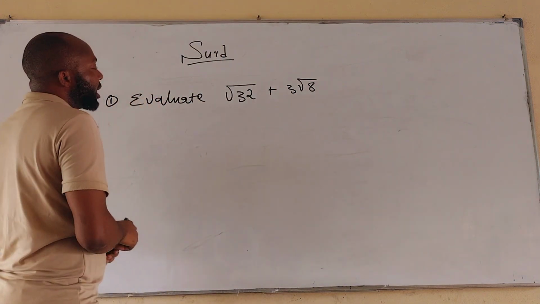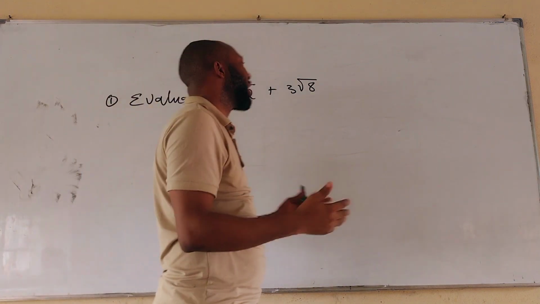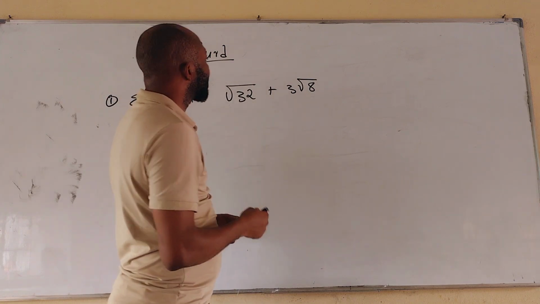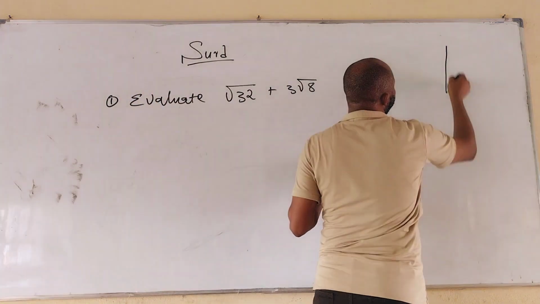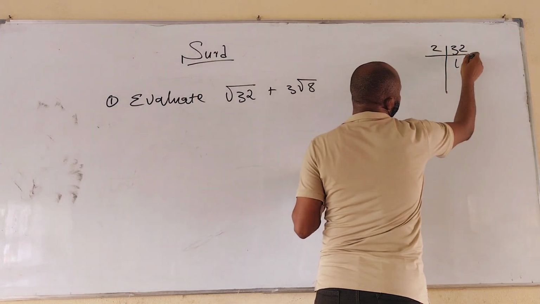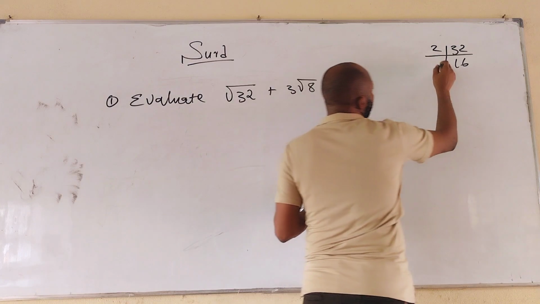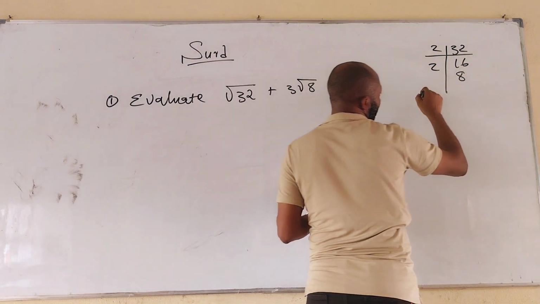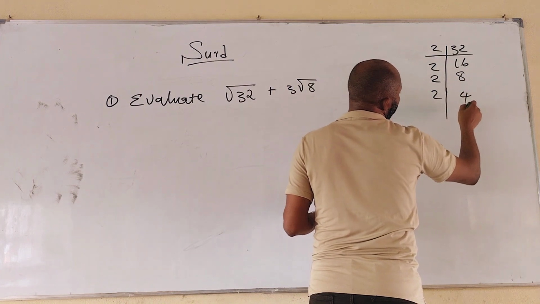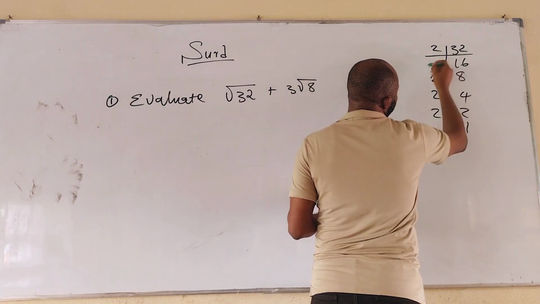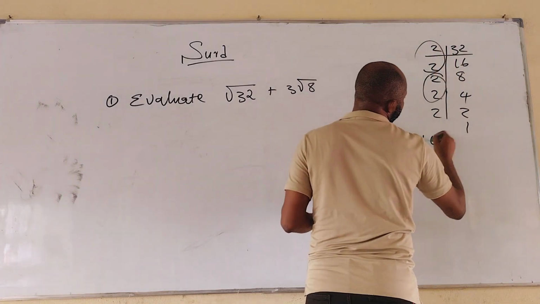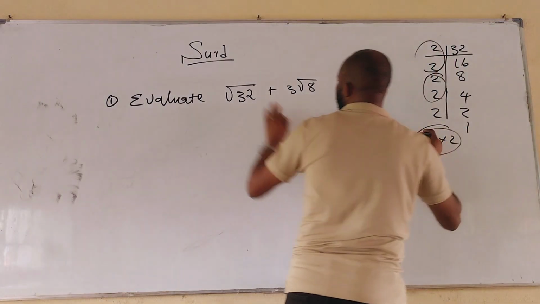So like they said, we have to simplify when needed. So we can see what to do. So 32 first, I want to simplify it. This is my 32. 2 goes here to give me 16. 2 goes here to give me 8. 2 goes here to give me 4. 2 goes here to give me 2. 2 goes here to give me 1. So 4 times 4 is 16, times 2 will give me this 1.